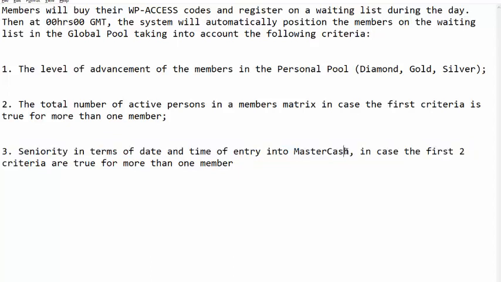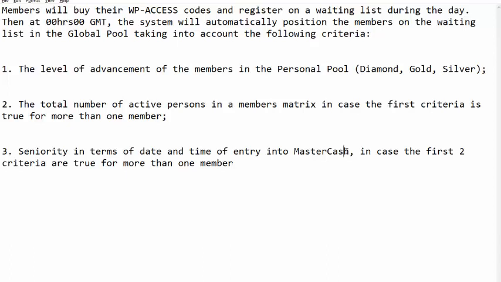Now, there's so much data we can use to differentiate who should go in first or second. But in all the variables of data we have, at a certain point in time you definitely have one or two people having the same rank or the same value of the parameter. The only unique data that differentiates everyone from the other has to do with seniority, the time and date you entered.